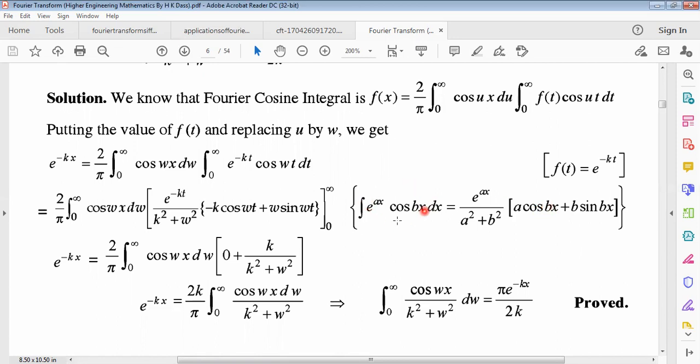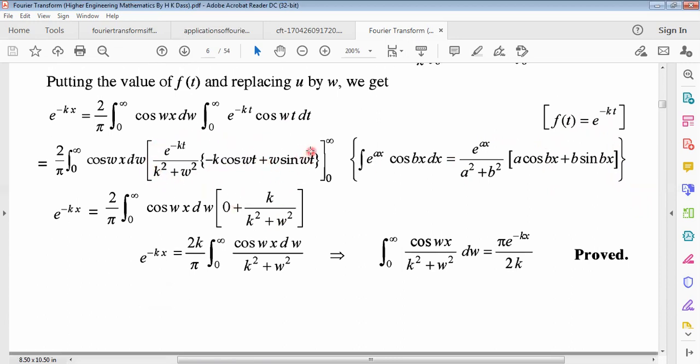Now using this indefinite integral formula, a equals minus k and b equals w. Putting these in, we get this one. As usual, we put in the upper limit and lower limit of the integral. Remember, the variable is t.